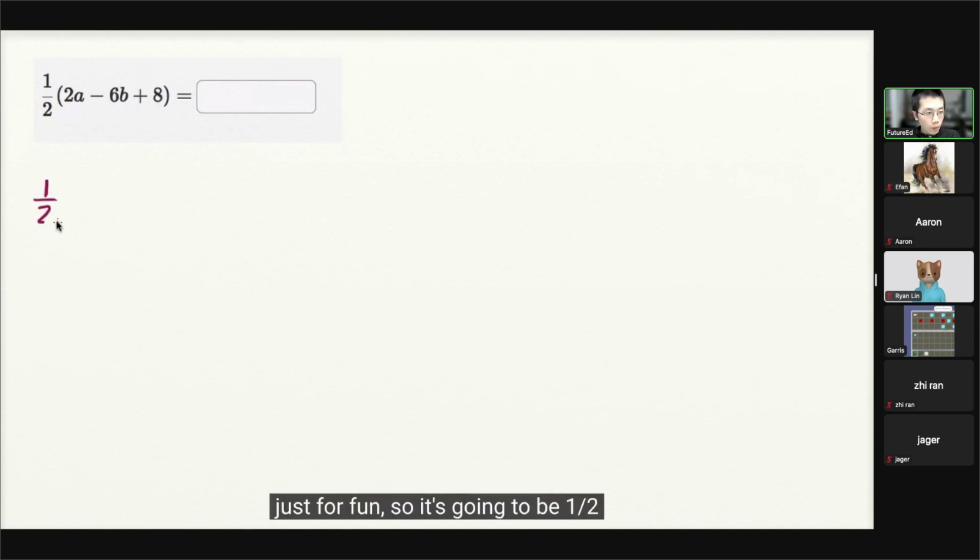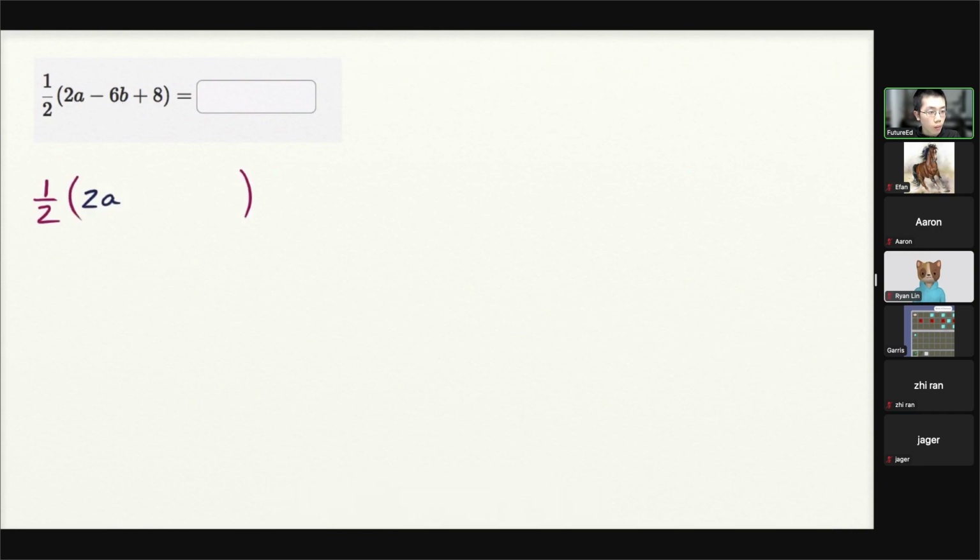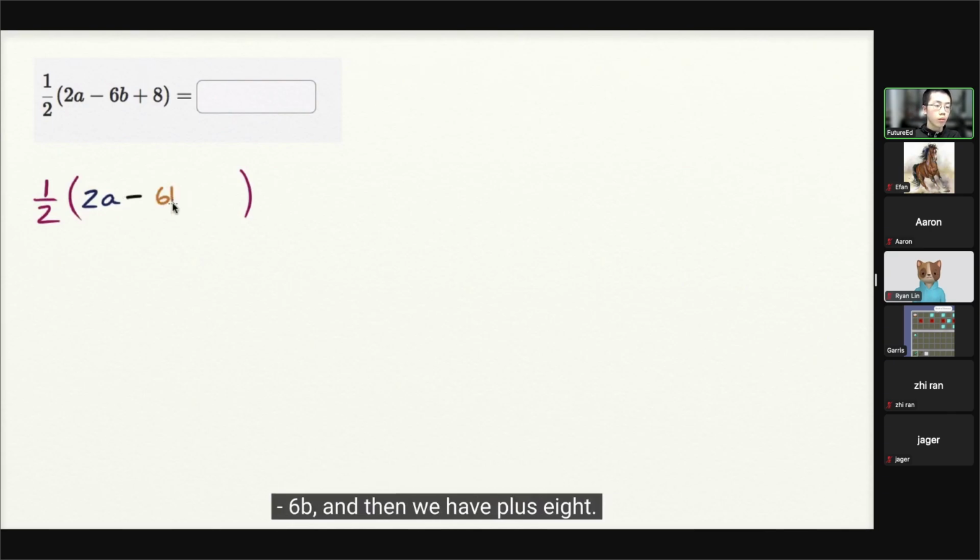So this is going to be 1/2 times 2a minus 6b, and then we have plus 8. And so I just need to distribute the 1/2.